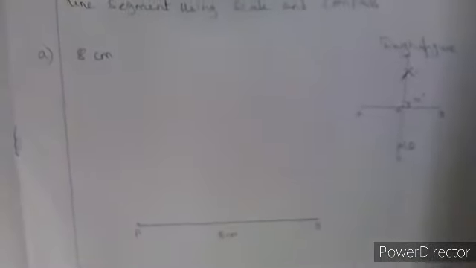Step 2, by using a compass with A as center, take a radius more than half of the length of AB. Here students, approximately 6 centimeter.